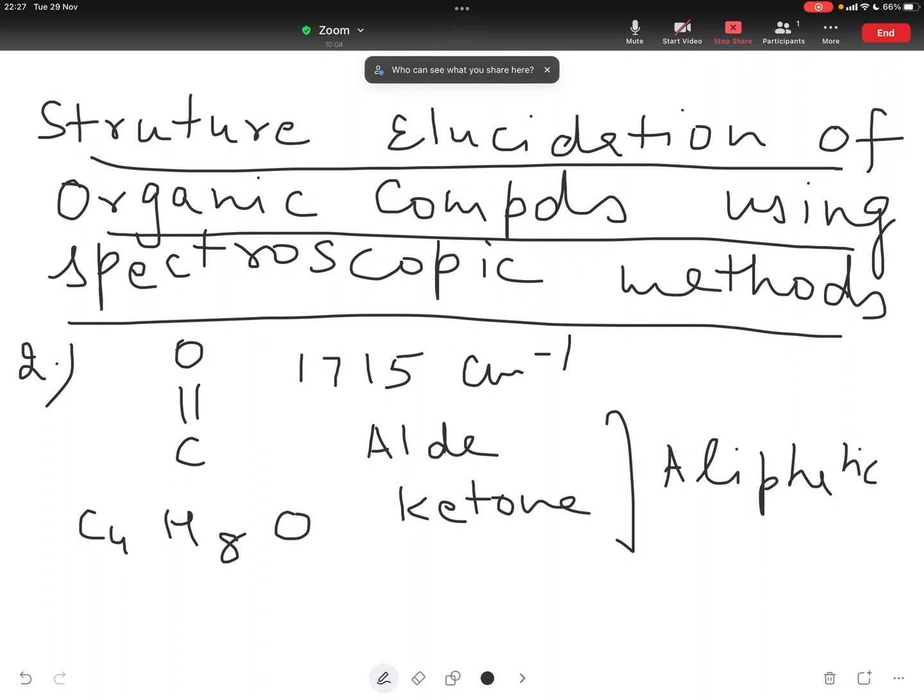Now in the NMR, we do not get any peak near delta 9.5, which appears if an aldehyde proton is present, so this possibility is ruled out. No aldehyde is there, and it confirms the presence of a ketone.